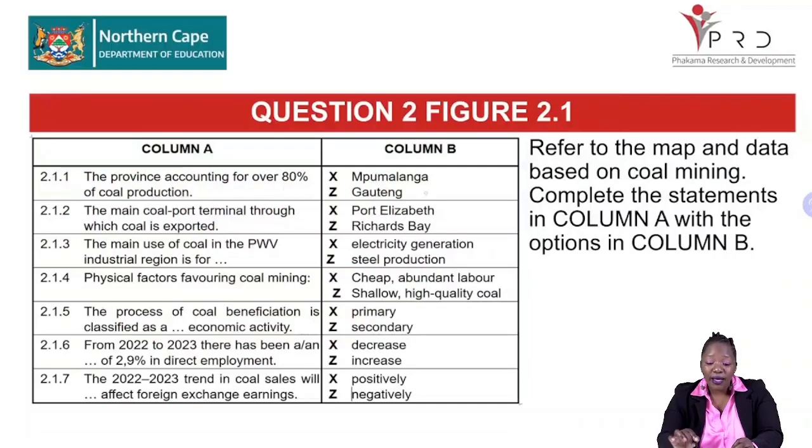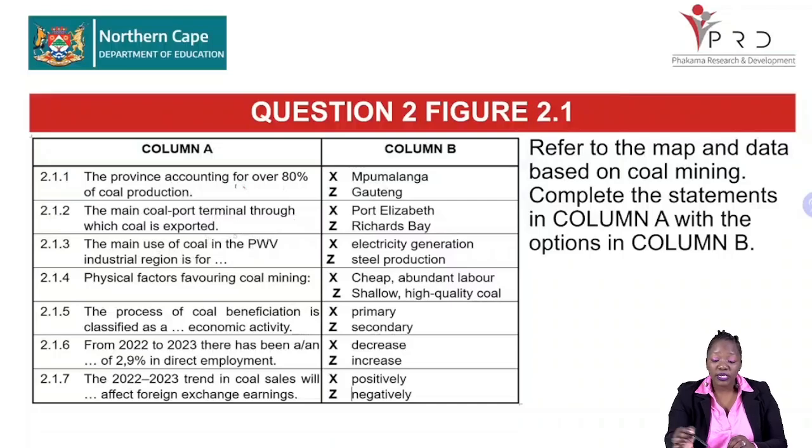Is it Mpumalanga or is it Gauteng? Again, looking at the map will also help you to answer the first question. Then secondly, the main coal port terminal through which coal is exported.